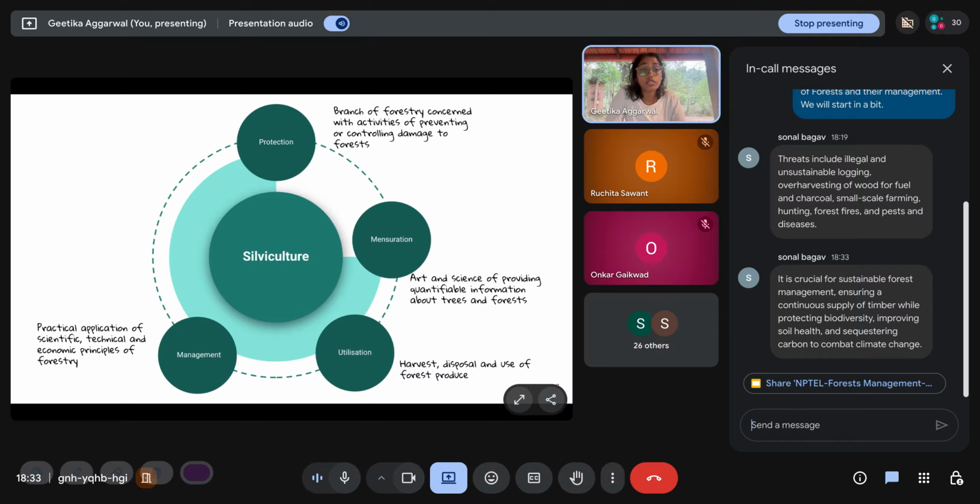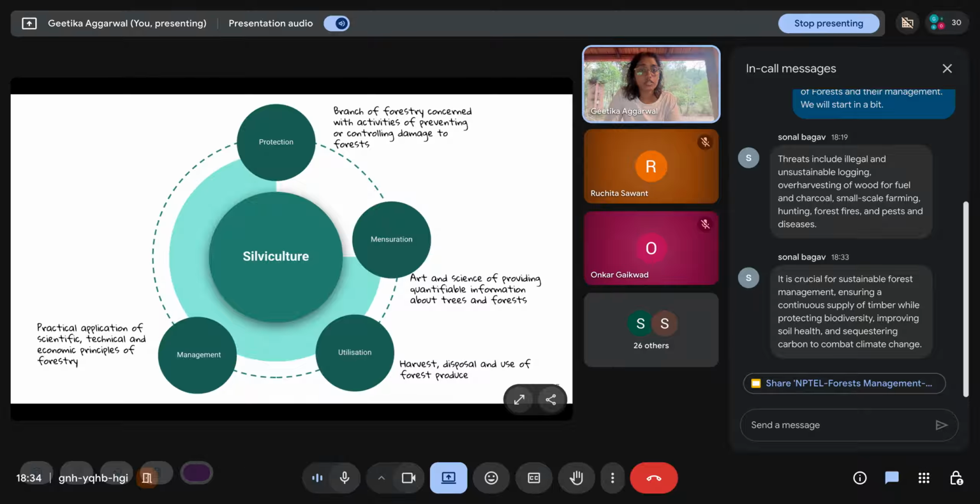So Sonal says that it's crucial for sustainable forest management, ensuring a continuous supply of timber while protecting biodiversity, improving soil health, and sequestering carbon to combat climate change. So, can I know what this is the answer of? What is crucial? Silviculture.